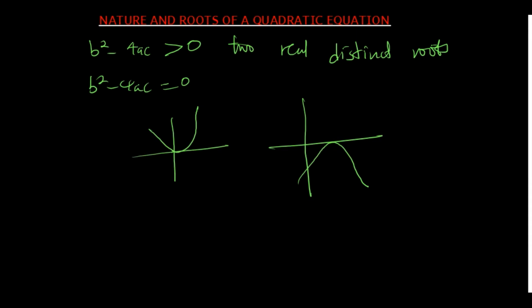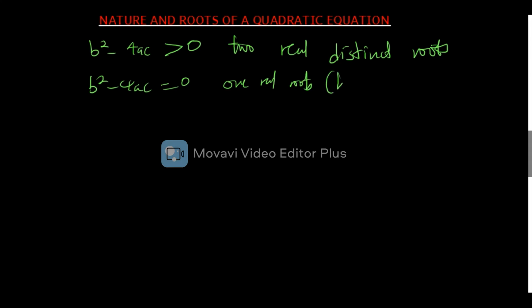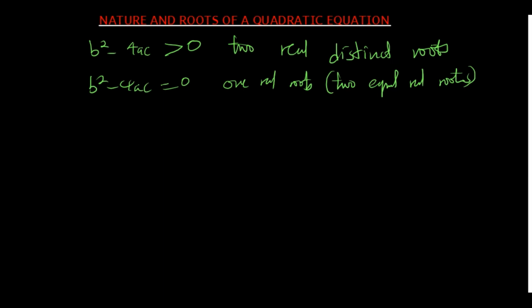So the nature of this quadratic equation is that it has only 1 real root. We also call those 2 equal real roots. If 2 roots are equal, then it's just the same thing. That is why we say 1 real root, because the 2 are equal.